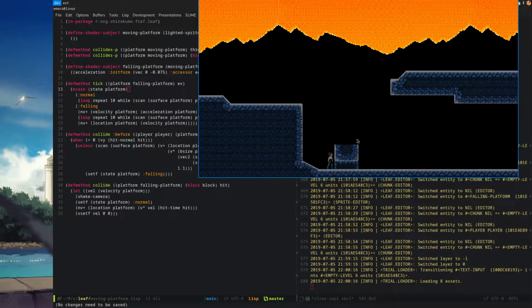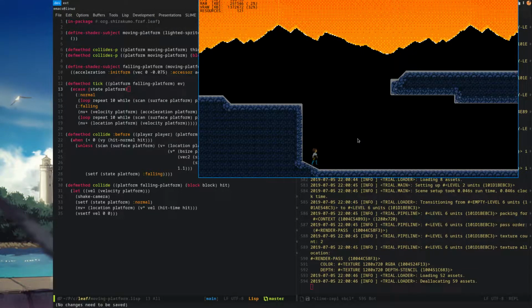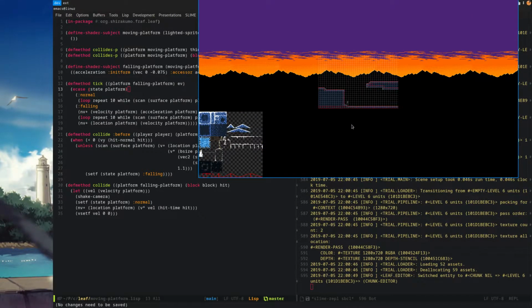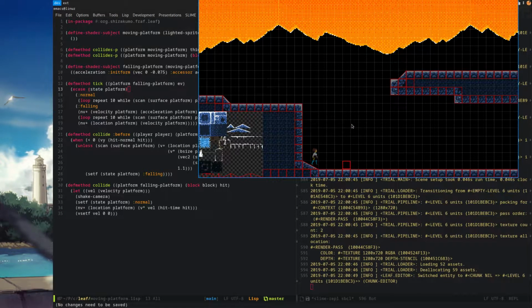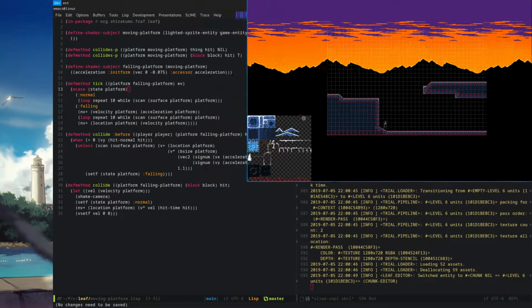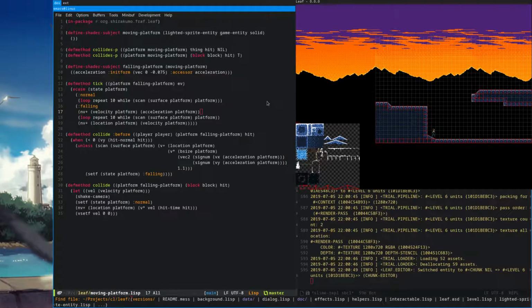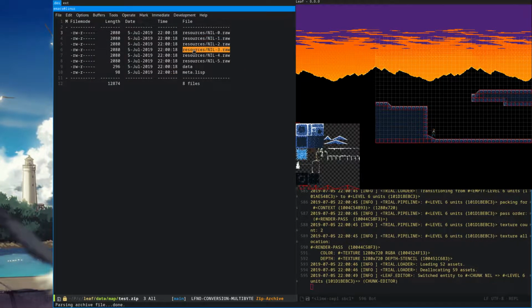Okay, and if I reload it now to test. It's not there. Annoying. Is it not in the archive? Test.